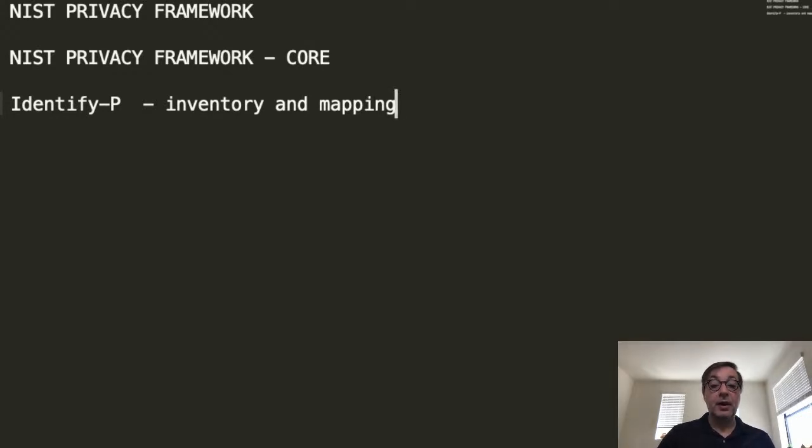Then it can come to categories of individuals whose data is being processed. Sometimes organizations have found it helpful to create different profiles for different categories of individuals. For example, one profile for an organization's customers and one for their employees. These might carry different privacy risks or legal obligations for different categories of individuals or demographics, so this could be a useful tool.